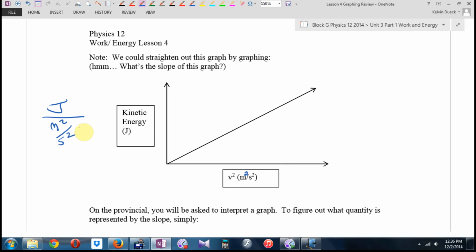What's the variable on the x-axis? So, Ke over V squared. Do I have an equation on my formula sheet that has kinetic energy and V squared in it? I do.